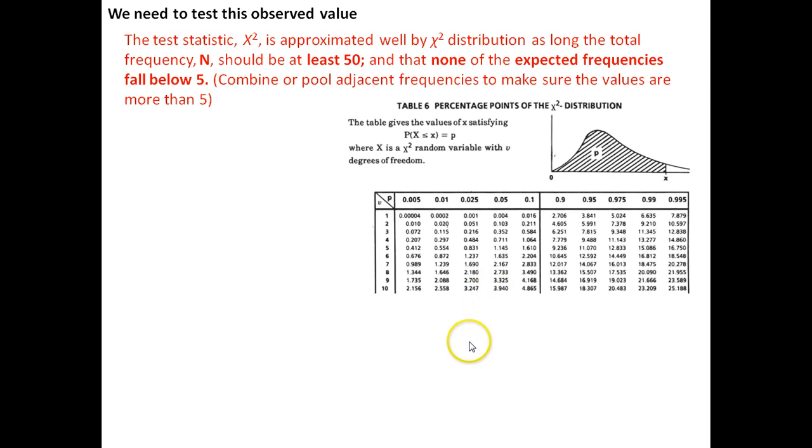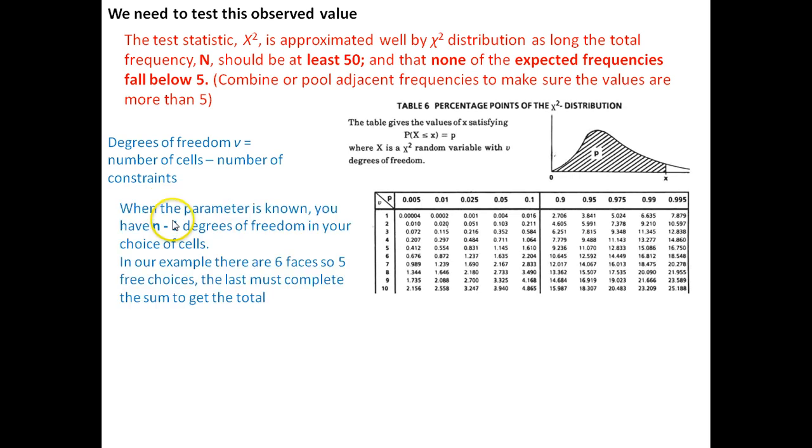And this is the table we're going to use, Table 6, which gives percentage points of the chi-squared distribution. Our number of degrees of freedom, which we are going to use down the left-hand side here, would be the number of cells minus the number of constraints.